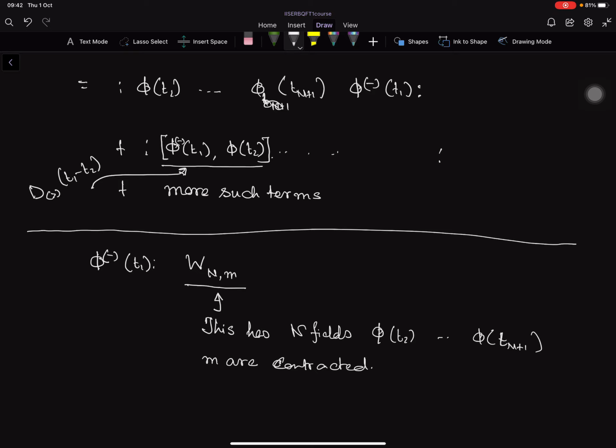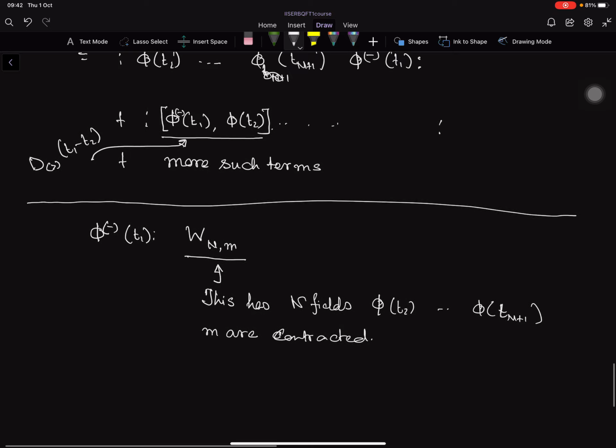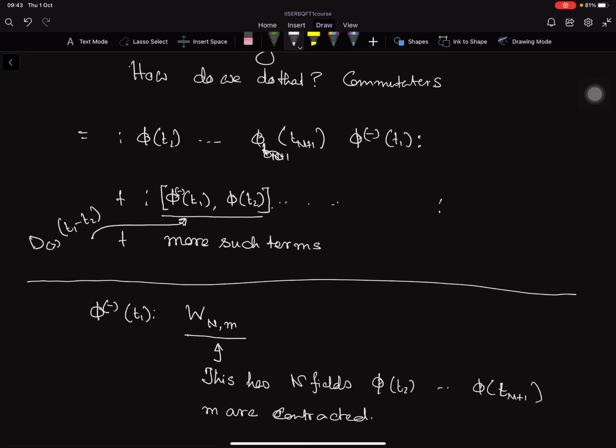Once we do this, we will see two types of things. One type of term belongs to Wn plus 1 m, because there are n plus 1 fields now, but only m of them are still contracted.